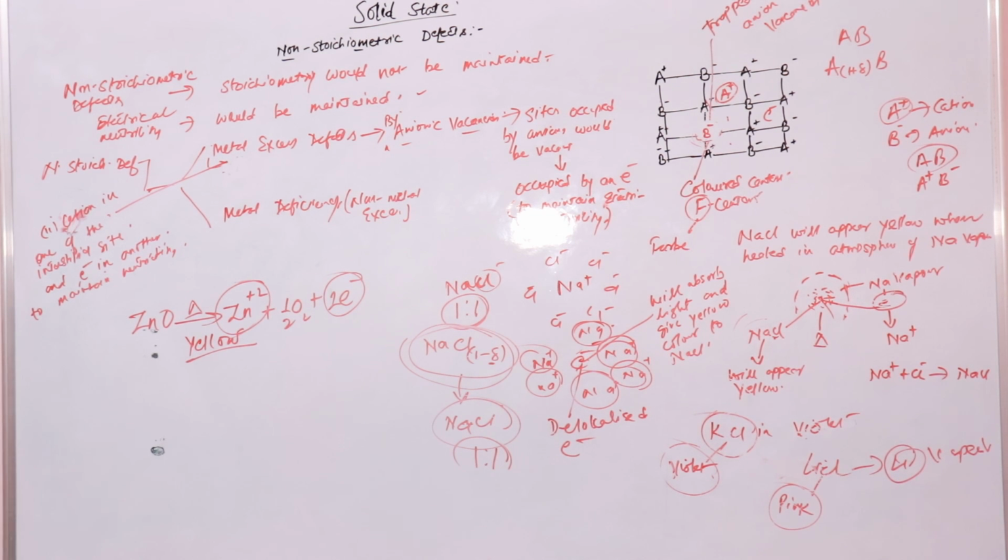The defect occurs when the metal shows variable valency, that is in transition metals. The defect usually occurs due to missing of a cation from its lattice site, and the presence of a cation having higher charge in the adjacent site, right?